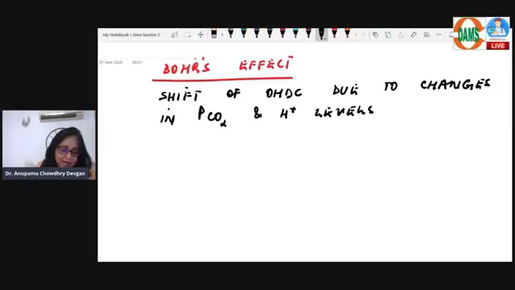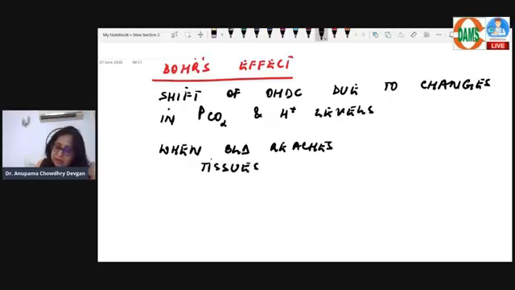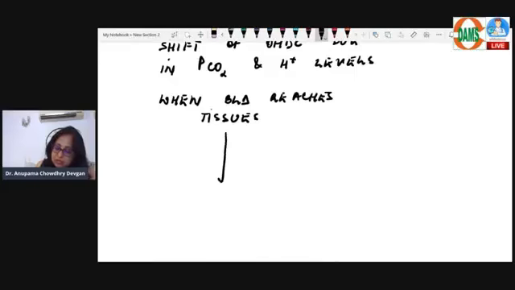This is when the blood reaches the tissues. When the blood reaches the tissues, obviously CO2 diffuses from the tissues into the blood. So there is going to be an increase in the PCO2 levels as well as an increase in H plus.